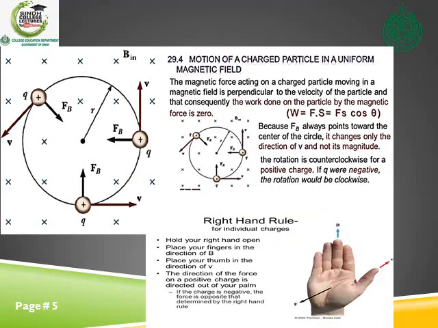Now I will discuss with you the motion of a charged particle in a uniform magnetic field. Suppose a positive charged particle q enters a uniform magnetic field B with a velocity v. It experiences a magnetic force which can be determined more easily by the right hand rule called the palm rule.